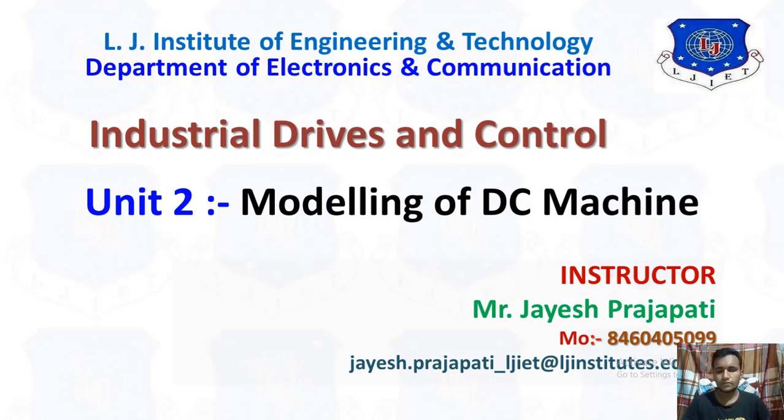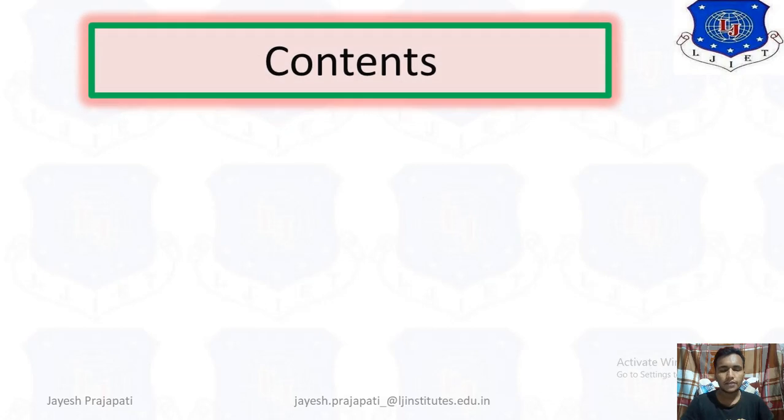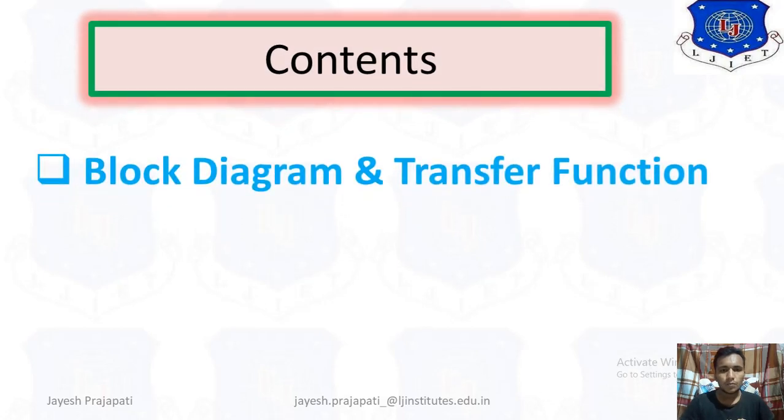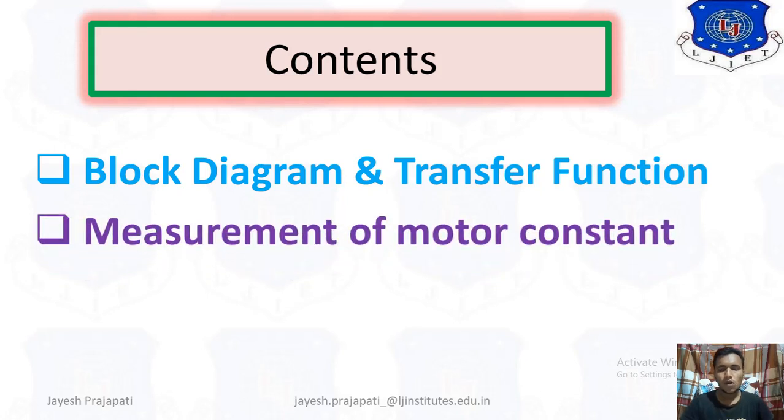In this video, we are going to learn about Industrial Drives and Control, Unit number 2, that is Modeling of DC Machine. In my previous video, we discussed the state space modeling of DC machine and the transfer function of DC machine. Now in this video we will discuss the block diagram and transfer function, and measurement of motor constant. The block diagram and transfer function are related to the state space modeling.